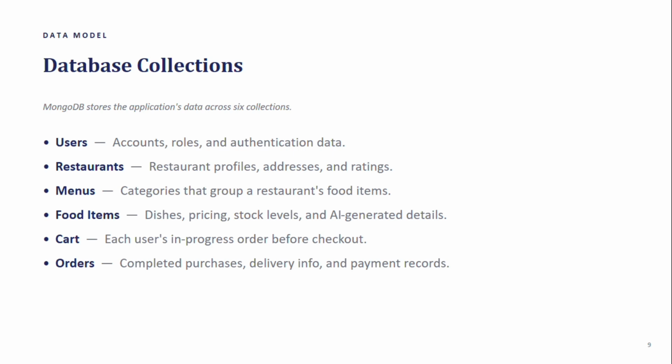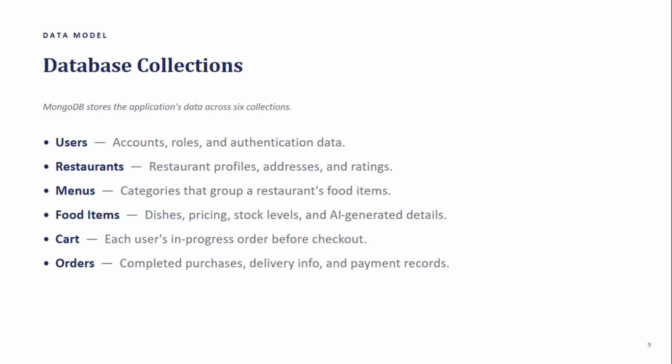Next, before looking into the database collections, let's talk about technologies and tools used in the project. For front-end development, React with Vite was used along with the Redux Toolkit for state management, React Router for navigation, and Bootstrap for styling.